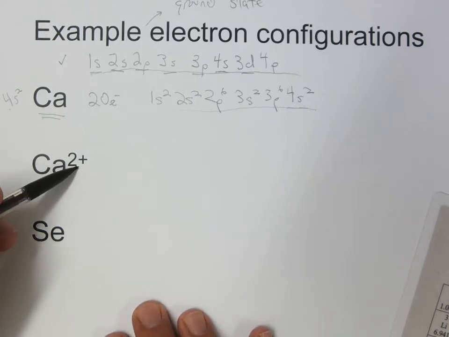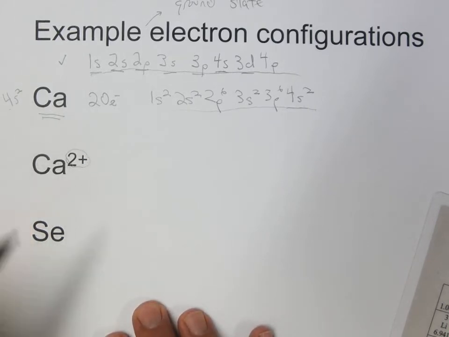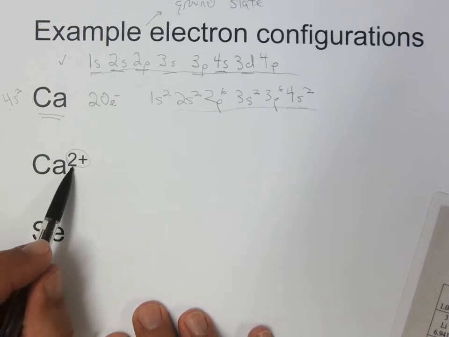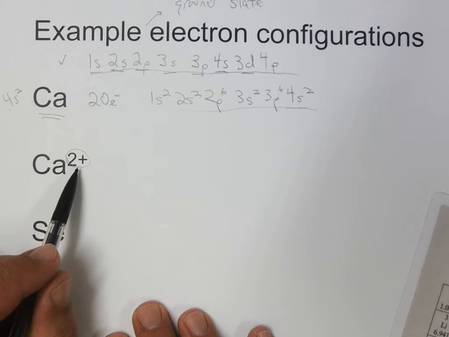For calcium 2 plus, I have to ask myself, how did it become calcium 2 plus? You get to be positively charged if you lose the negatively charged electrons. So when I see the 2 plus, I know that this species lost 2 electrons compared to what it originally had.